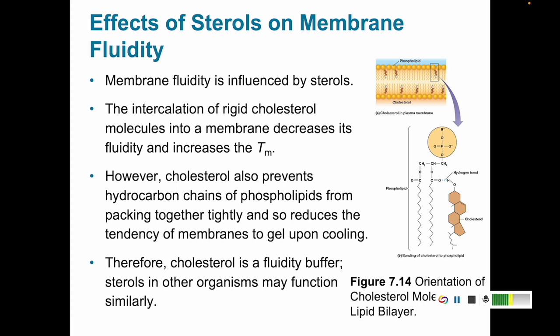It's going to make it less fluid because you've got these rigid pieces. So cholesterol is doing both. It's making it have a higher melting temperature and making it have a lower melting temperature. So cholesterol is a fluidity buffer. It allows the cells to have a little bit more variety in its range of where that cell membrane can be functional. It's a fluidity buffer.